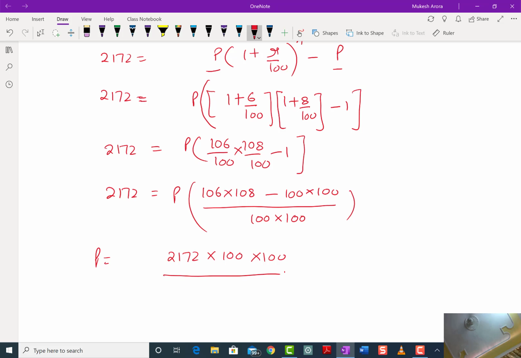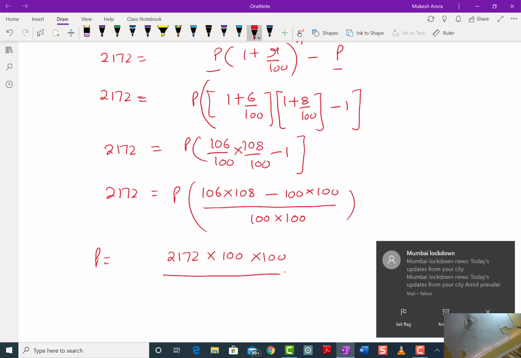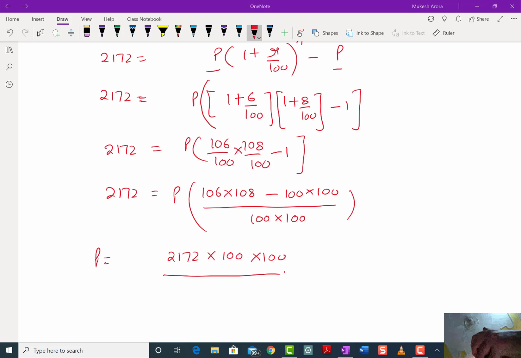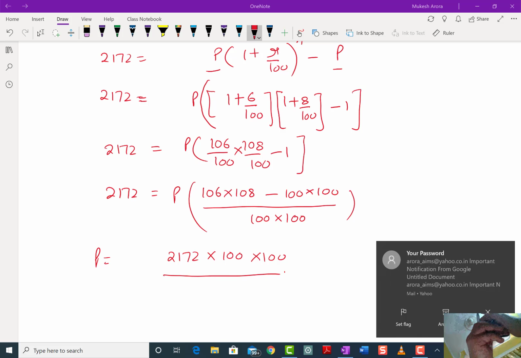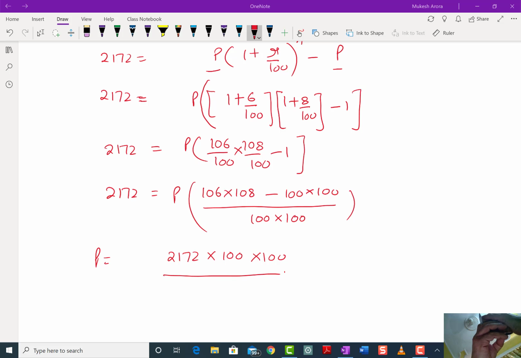108 into 106 minus 10,000. This will be 11448 minus 10,000, which will be 1448.